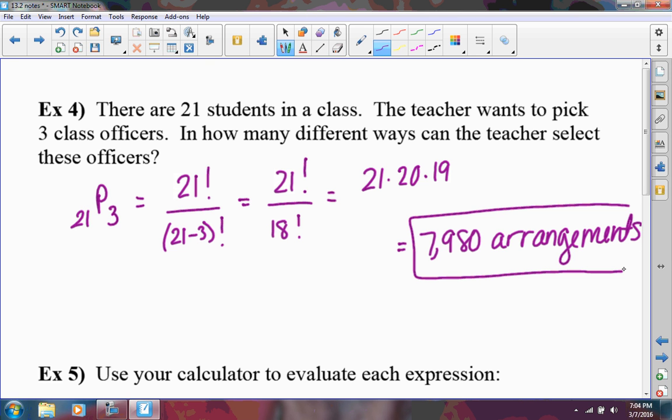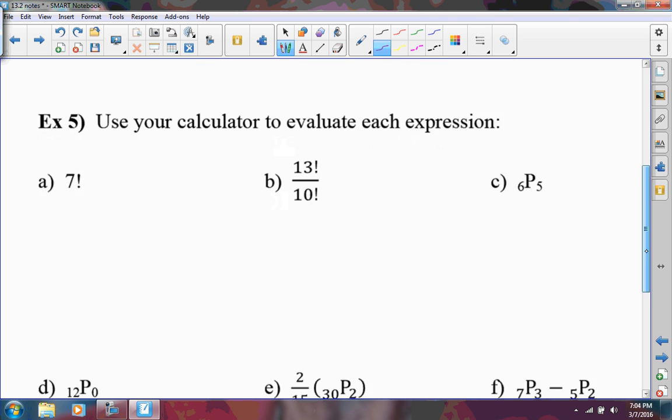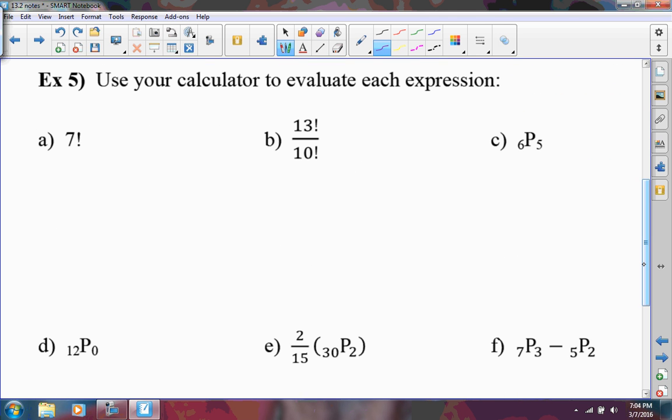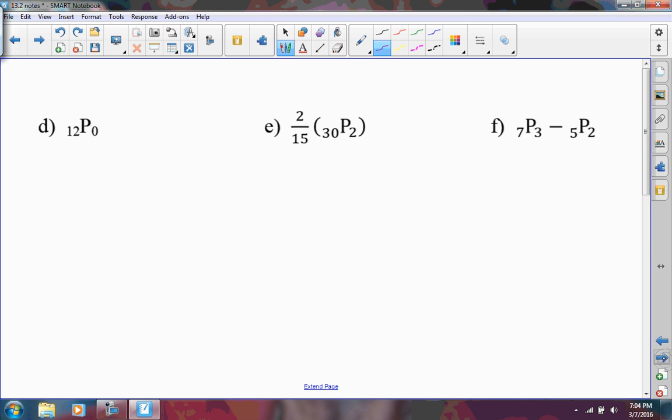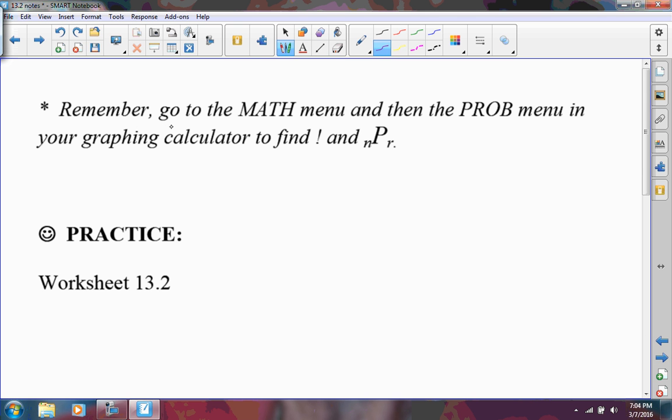Okay, now, whether or not you have a little calculator or a graphing calculator, you can do these on the calculator. The little calculator has the buttons for the factorial and the P right on there. In the graphing calculators, I believe they're in a special menu, and I put a note about it right here.